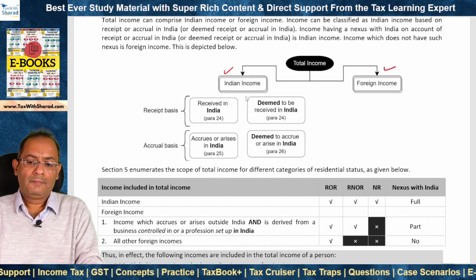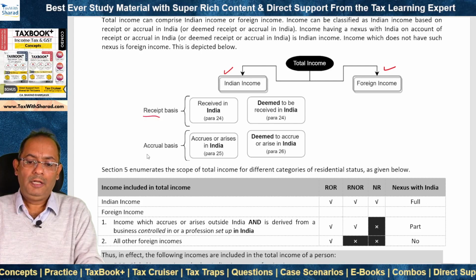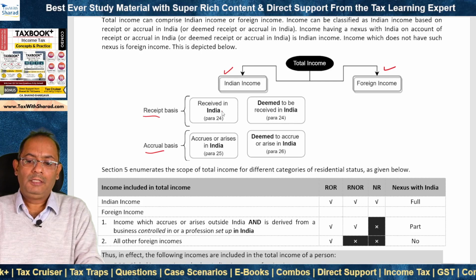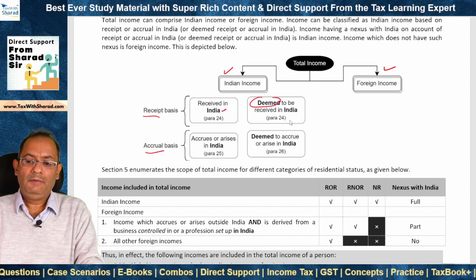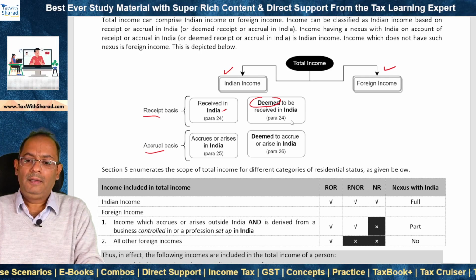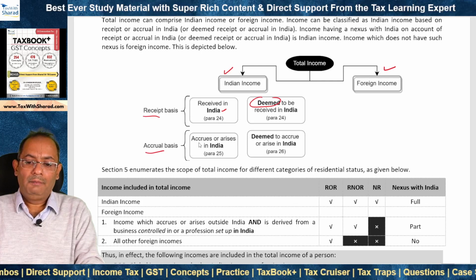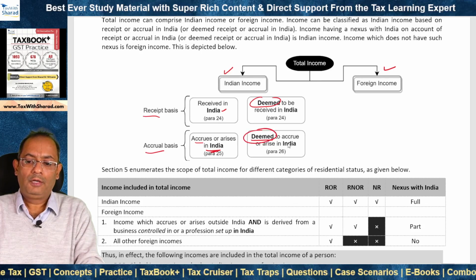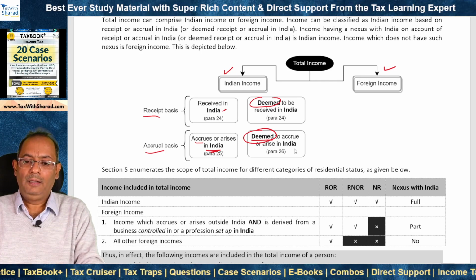What is Indian income? Indian income can be characterized based on its receipt or accrual. If the income is received in India or it is deemed to be received in India, then it is an Indian income. Similarly, if the income accrues or arises in India or is deemed to accrue or arise in India, then on accrual basis it can be said to be Indian income.